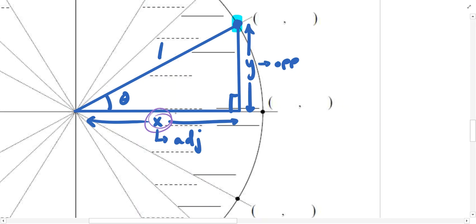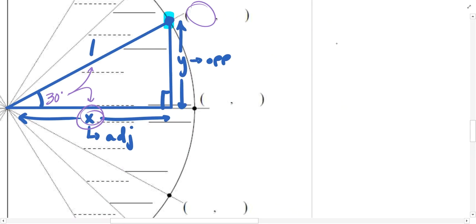So if I wanted to calculate this x value first, if I wanted to calculate the x-coordinate, that's not too hard to do. I have to find the adjacent side length, and I know what the hypotenuse side length is in this right triangle. I also know that this position here specifically is located at the 30-degree angle measure. So if I set up my calculator to solve, sine of 30 degrees must be equal to the, sorry, not sine, we want the x value first, so we'll use cosine, because this is an adjacent side divided by the hypotenuse.